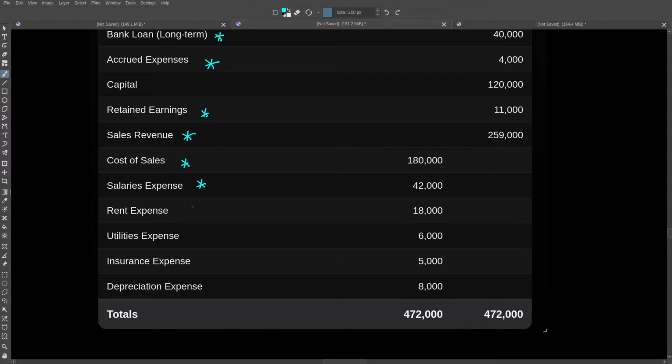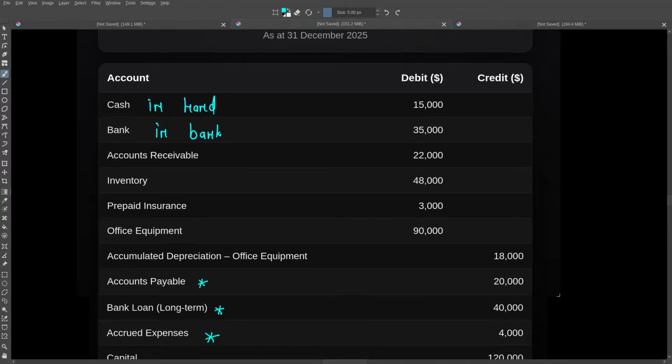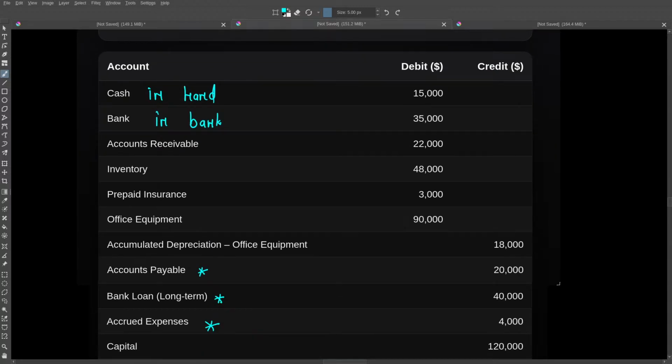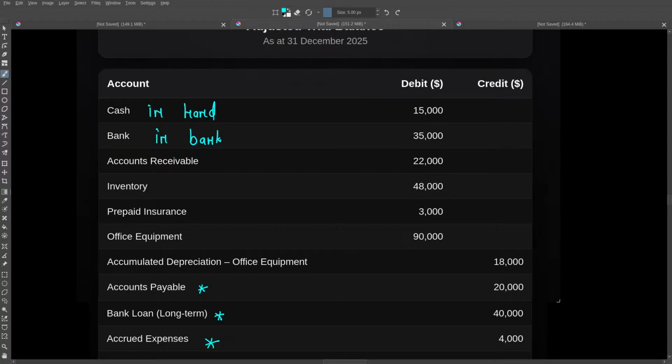But when you look at the assets and the liabilities in a business, when you're talking about balances, cash in hand, we are saying at this particular point, in your office you have this amount of cash, or in your bank you have this amount of money as at that particular point, not looking at the money that you've had through a certain period. We're only looking at the balances as at a particular point. We have the accounts receivable as at that particular point.